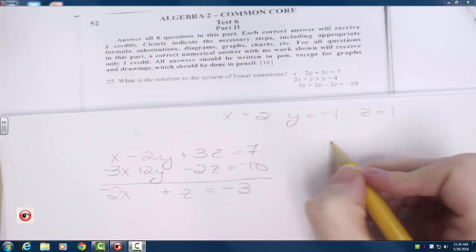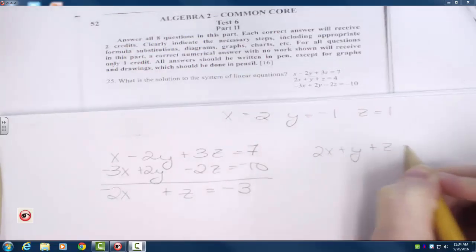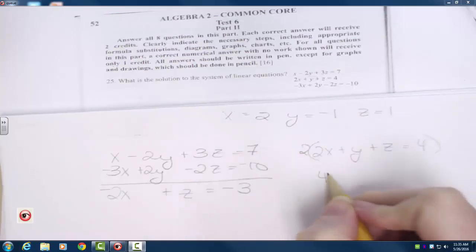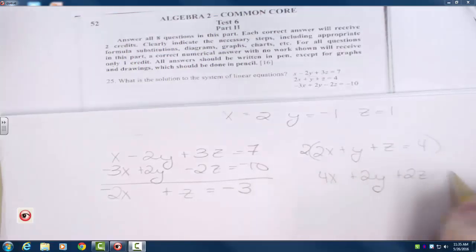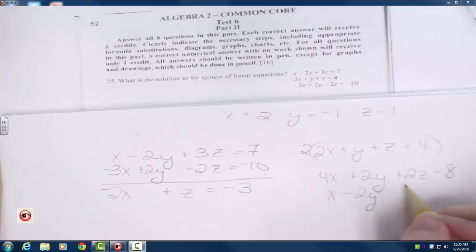Now, I'm going to look at that second line because I have to use all 3. It does not have a 2 in front of the y, so I'm going to multiply the whole row by 2. So 4x plus 2y plus 2z equals 8. And then I'm going to use the top line again because it has the negative, so it'll make my life easier.